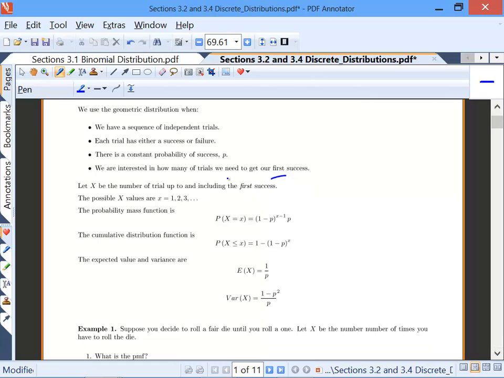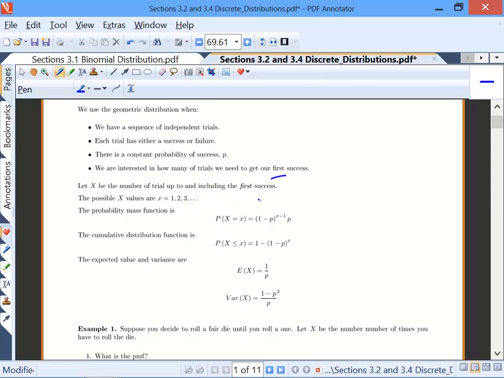So if we count our number of trials up to and including our first success, notice now our possible x values are 1, 2, 3, dot, dot, dot. In the binomial, you could have 0 successes, but here you keep going until you get your first success, which means you have to do it at least once. And it could potentially go up to infinity.